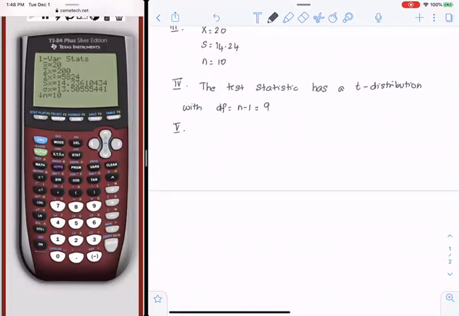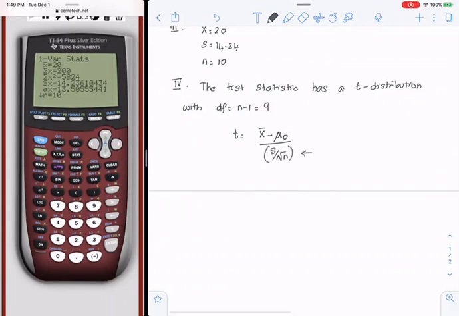There are two ways to obtain a conclusion. We could either use the critical value method or we can use the p-value method. But regardless of the method, we need to have the test statistic. The test statistic is given by the formula x bar minus mu naught divided by s over square root of n.